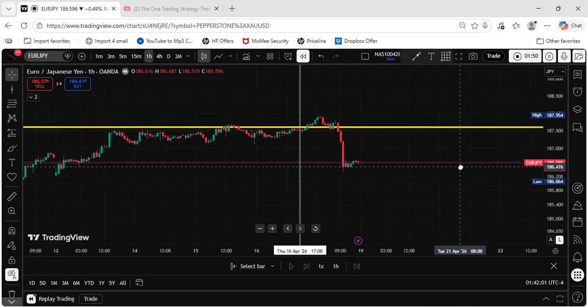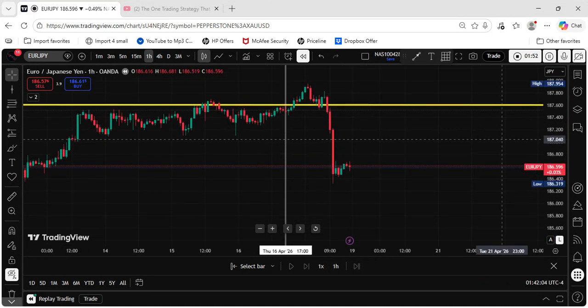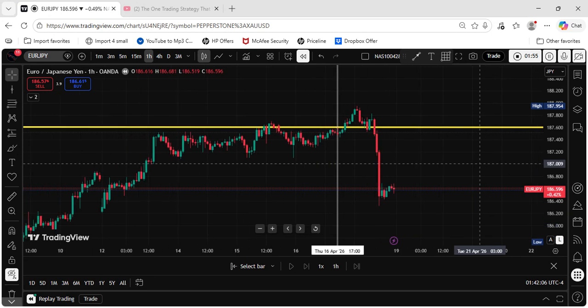As you scale down, you have to keep changing the size of the candlestick so that they can look healthy for you.